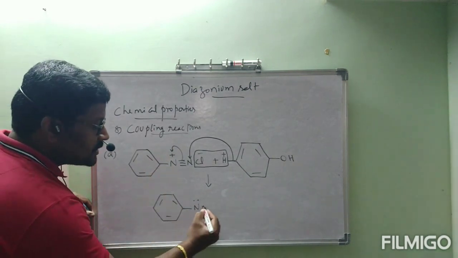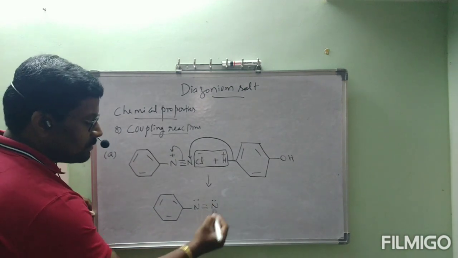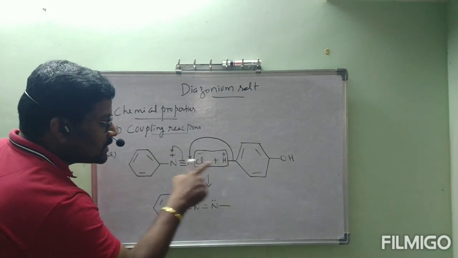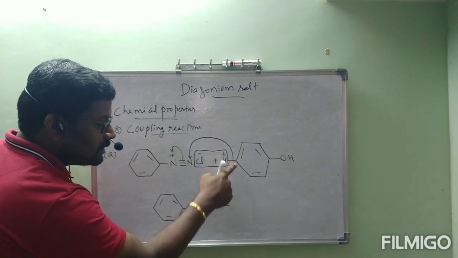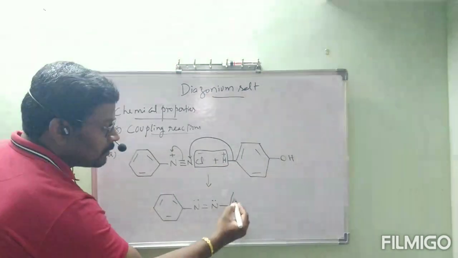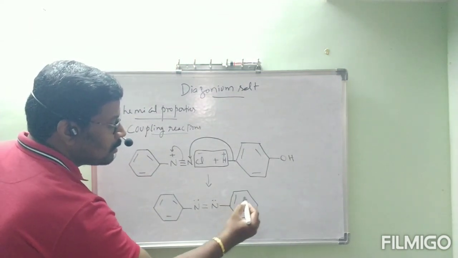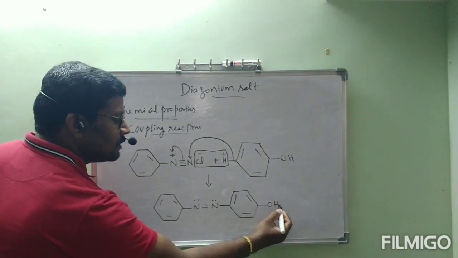Out of the triple bond, one bond is shifted, meaning a double bond. This C minus is going to donate to nitrogen, so this carbon present in the benzene ring is involved in the bond. This OH remains the same.